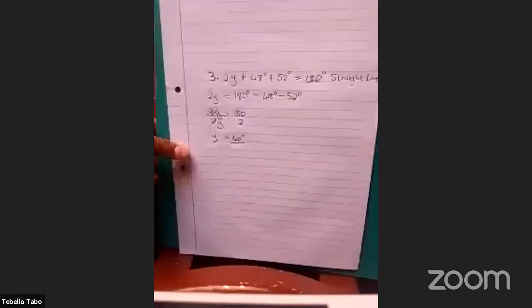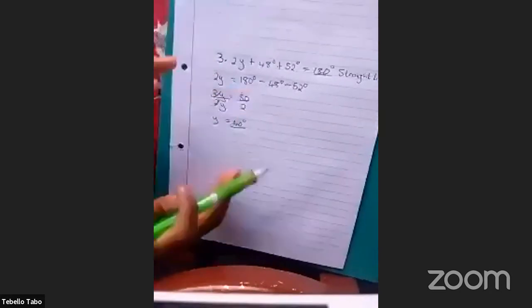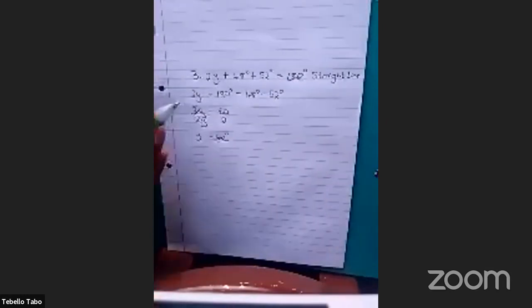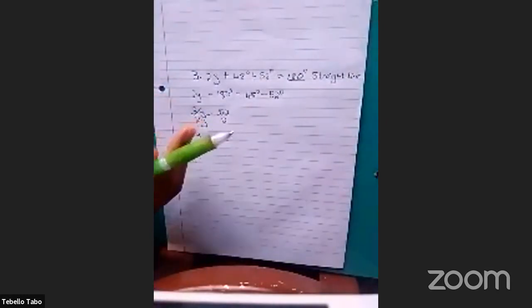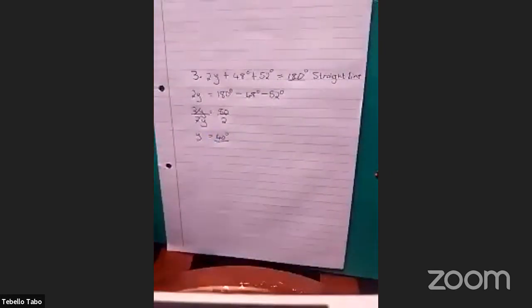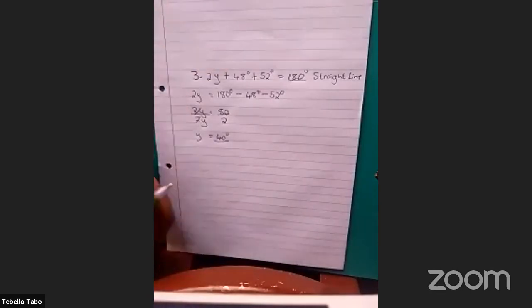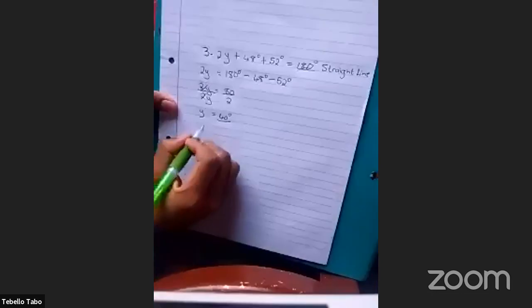Okay, so our y equals 40 degrees. So now let's find our value for 2y, because now we're only calculating for our y, not for our 2y, right? The question that they asked us is finding the value for y, not 2y, but just to do more calculations, let's find our value for 2y.